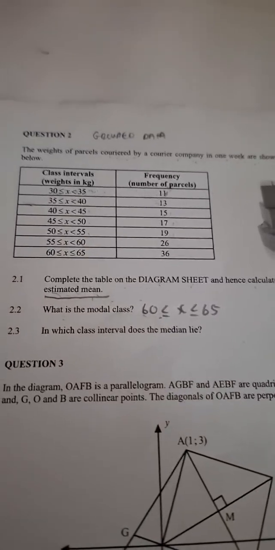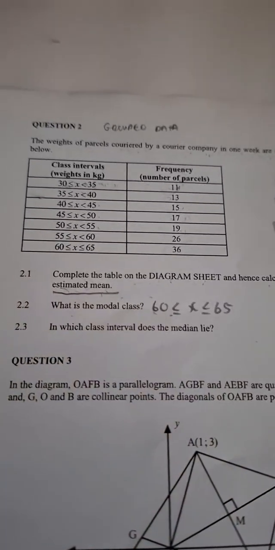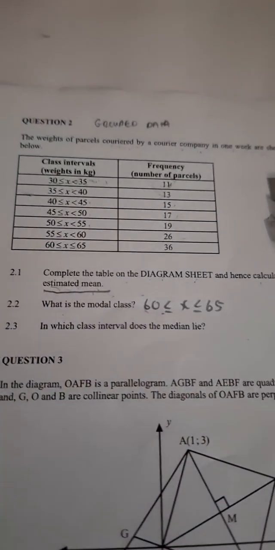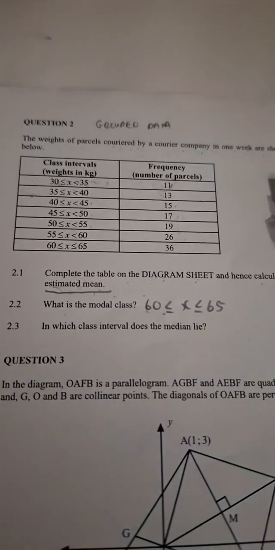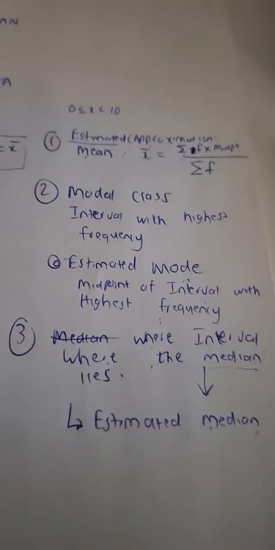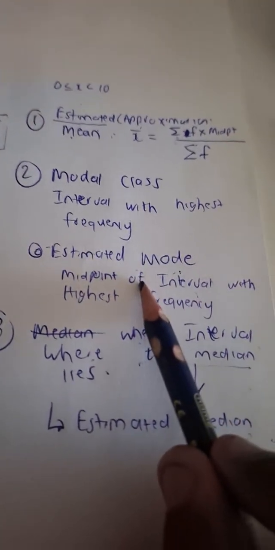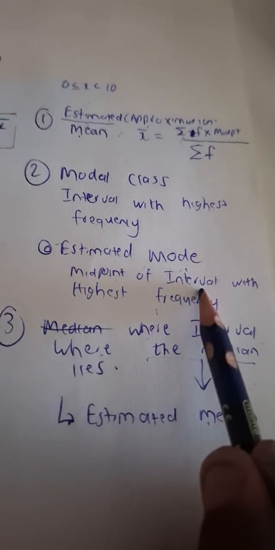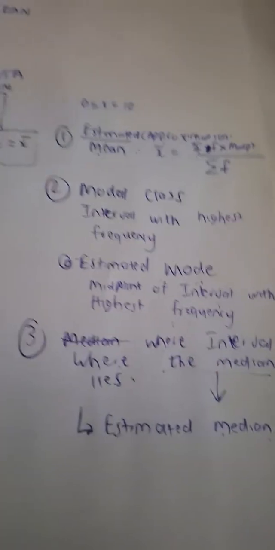What if they had said, what is the estimated mode? Remember guys, what would we have answered had they asked the question, what is the estimated mode? Let's go back to the note. Estimated mode: the midpoint of the interval with the highest frequency.